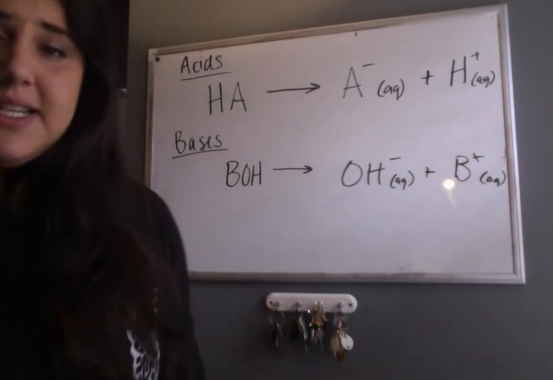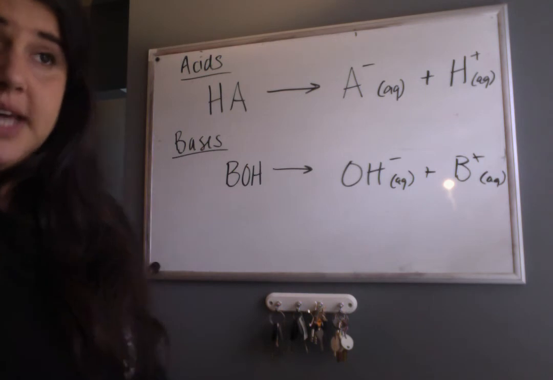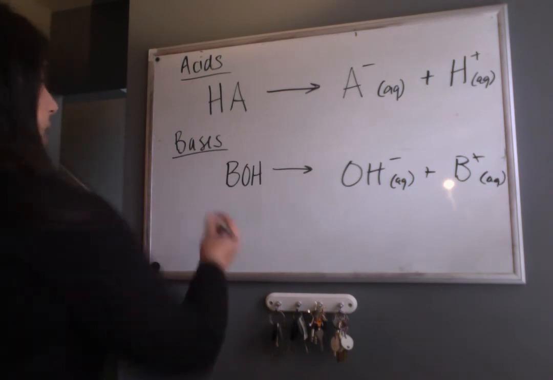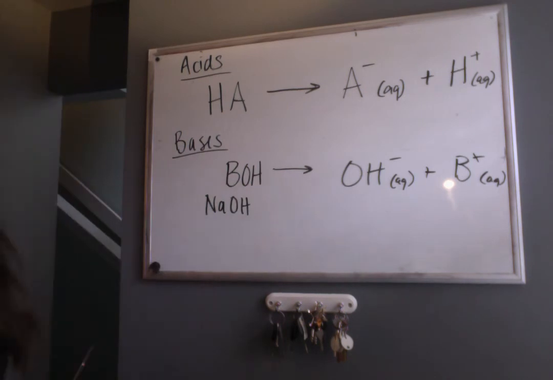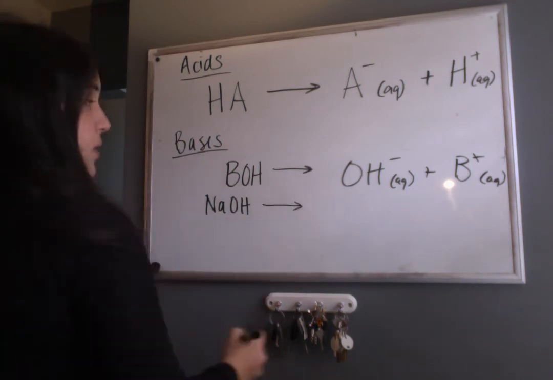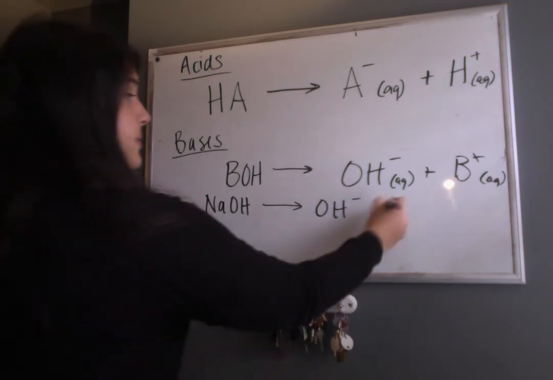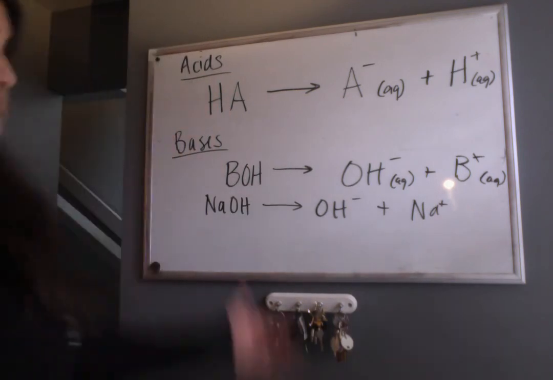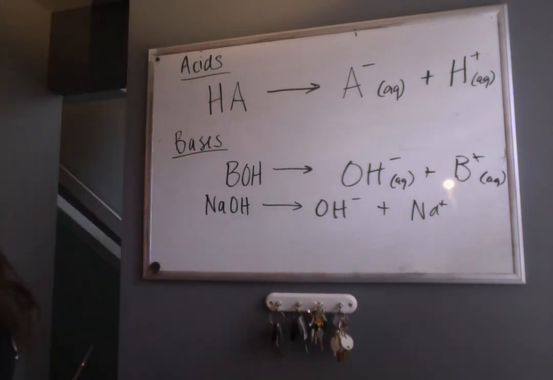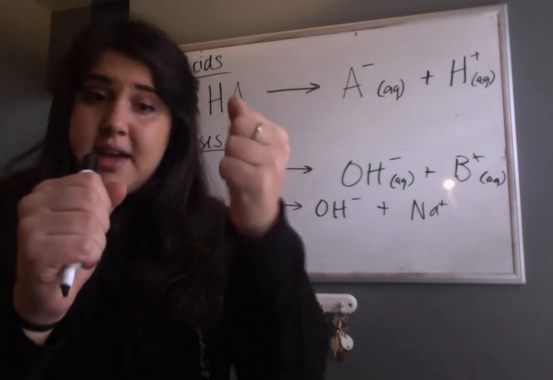Whatever that stuff is, again, we're just saying B is whatever is attached to my hydroxide. So a perfect example of an Arrhenius base is sodium hydroxide. And I say that sodium hydroxide in water is going to break apart again to form OH- and Na+. And that's a perfect example of my Arrhenius base, something that in water breaks apart to form OH and something else.